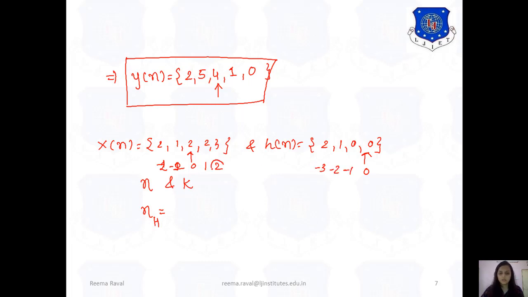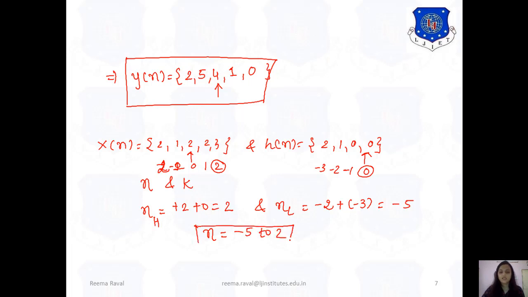So the higher range will be here 2, here it is 0. So plus 2 plus 0, that is equal to 2, and the lower range is what? Here the lower range is minus 2 and it is minus 3. So minus 2 plus minus 3, that is equal to minus 5, right? So the range of n will be minus 5 to 2.